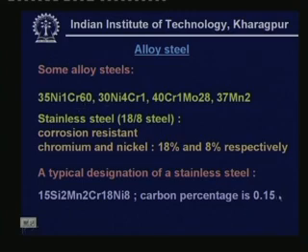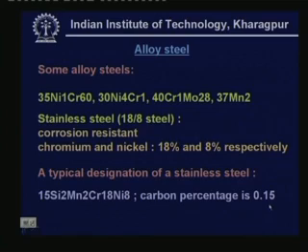Okay. Now, one of the highly utilized alloy steels is stainless steel. By now it has become a household name to us. Normally, the stainless steel widely used in practice is called 18 by 8 steel. It has tremendous corrosion resistance, and that is one of the reasons it is highly used for machine parts.